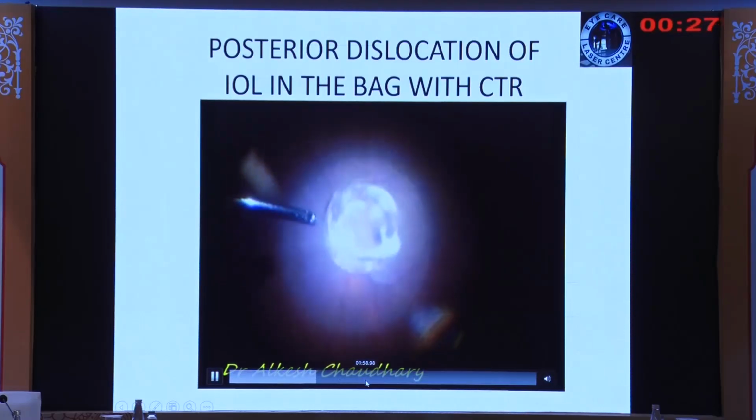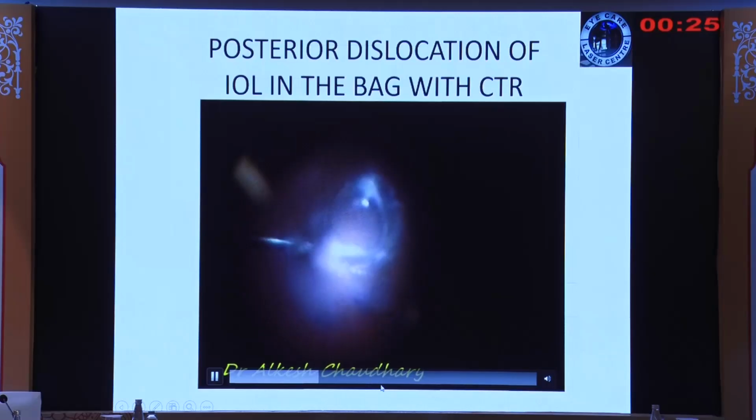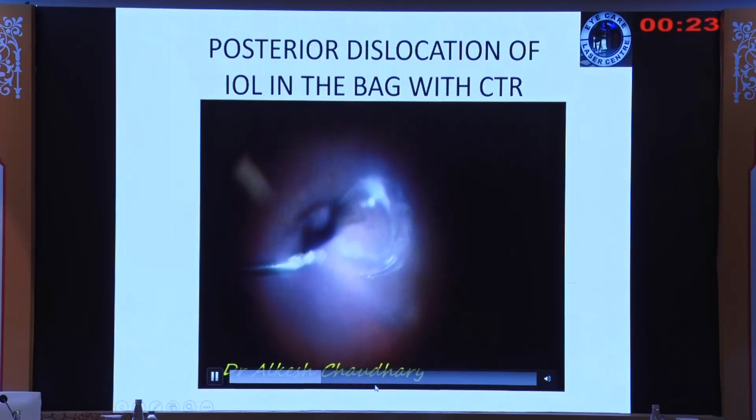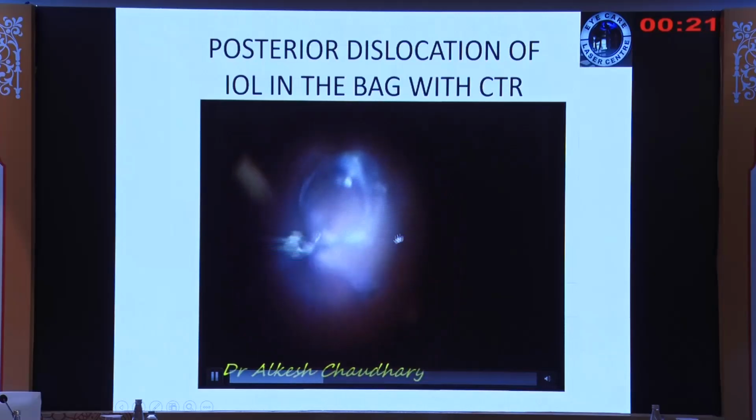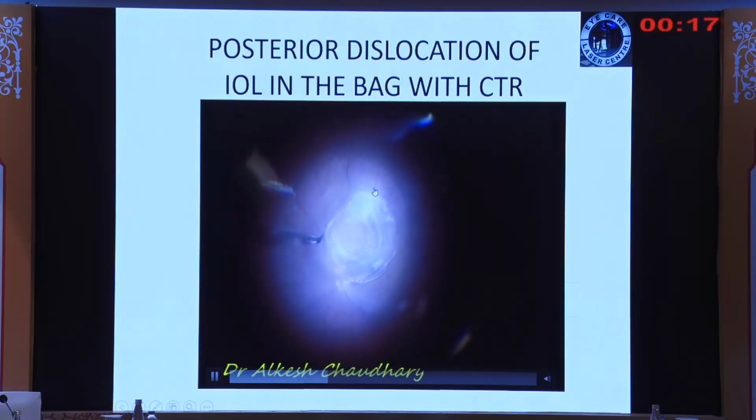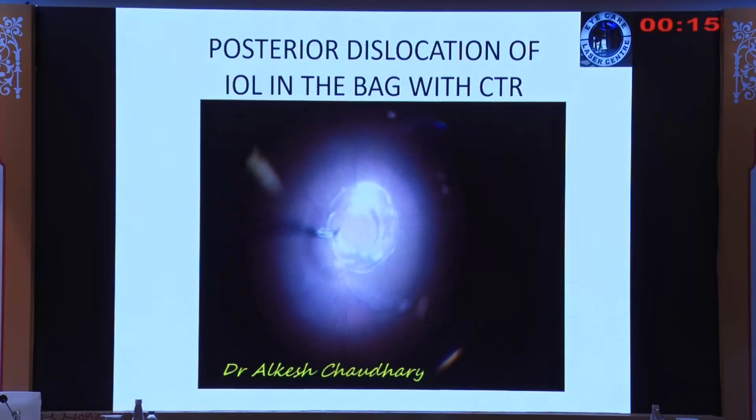You see, we are doing vitrectomy, removing all the vitreous around, whatever we could manage. Because it was very slippery, we tried to do the cutting, but I didn't want to cut the bag because the CTR ring would also come out and it would become complicated.